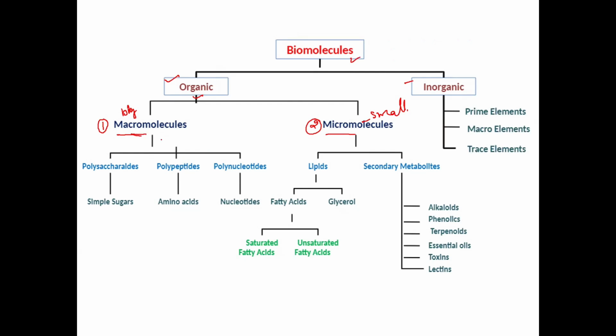So macro consists of polysaccharides, which are bigger in size. So yeah, we often hear these two terms in health and diet. But what is the difference between macro and micro? So macros are nutrients which we need in large amounts, like carbs, proteins, and fats.